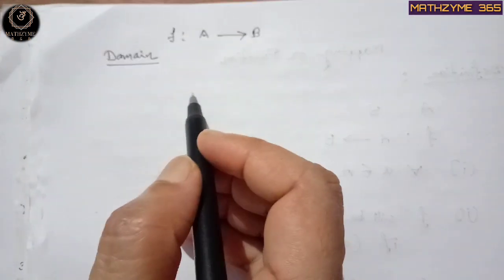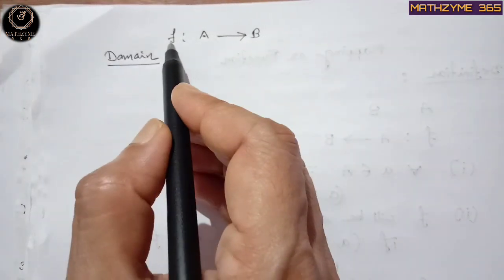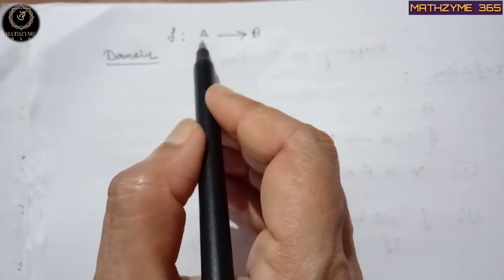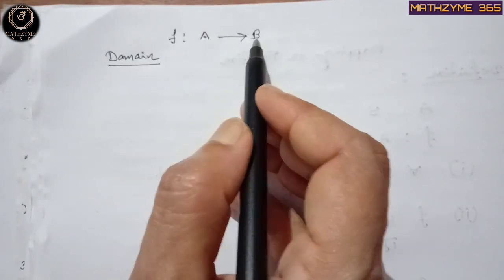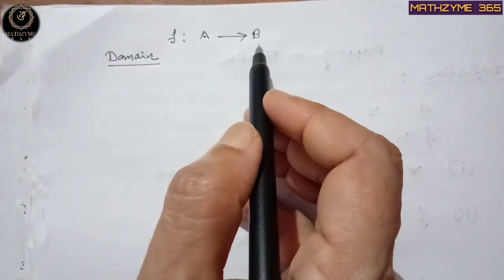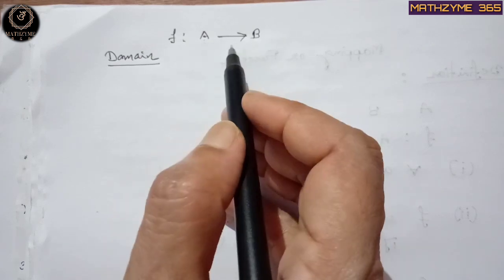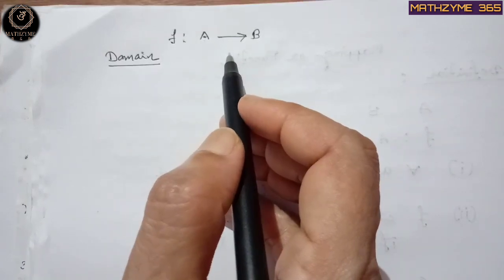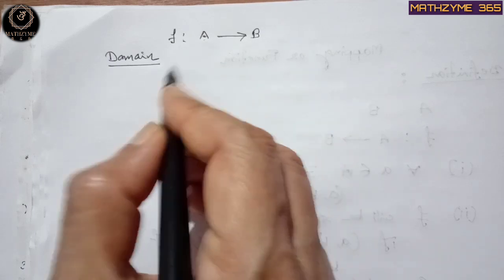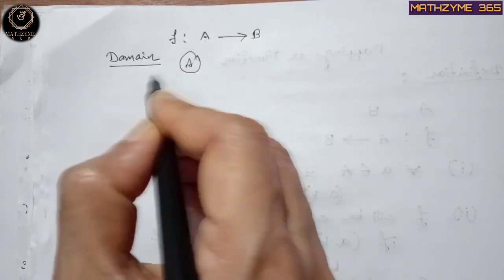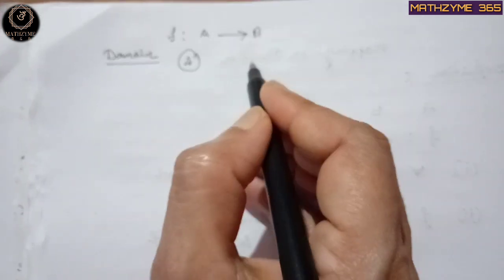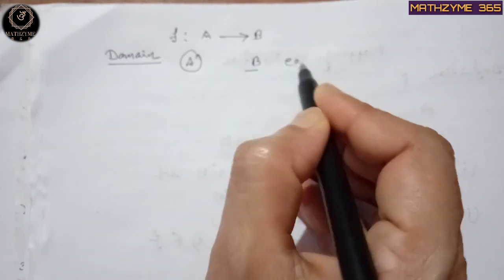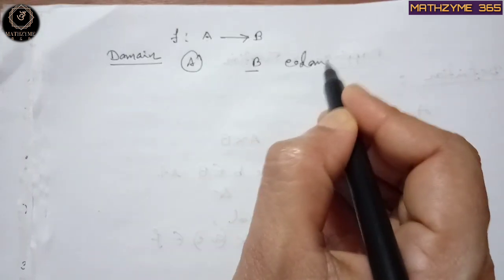Codomain and range of a function. Let f be a function from A into the set B. Here A and B are also two non-empty sets. Here A is called the domain of the function and B is called the codomain of the function.